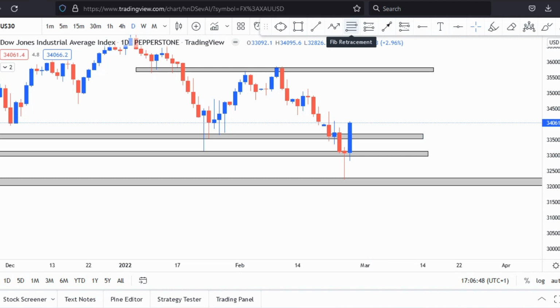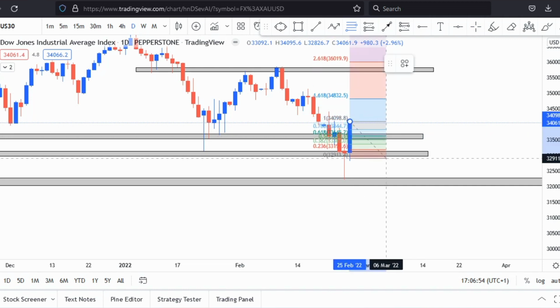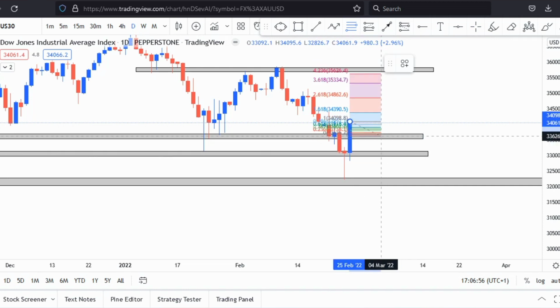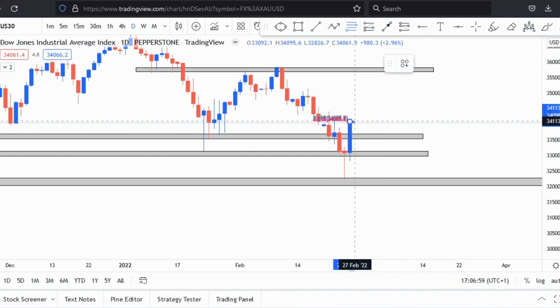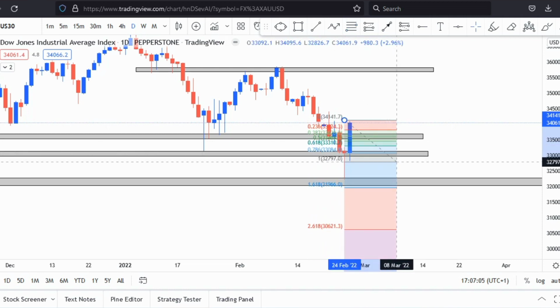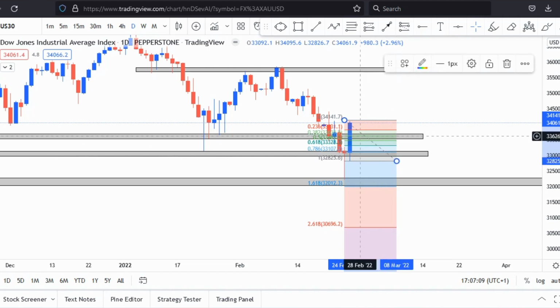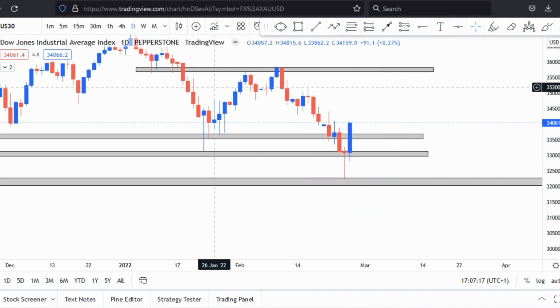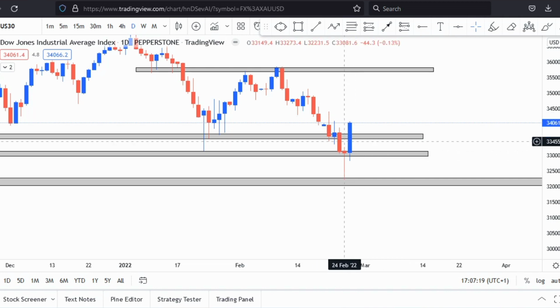The 50% level of this candle will be somewhere around this area here, where this support level is currently. So we can expect price to more or less retrace to that area. But like I said, the formation of these three candles is a morning star, and it's an indication of a bullish move.